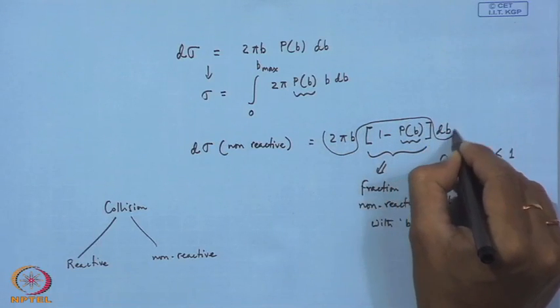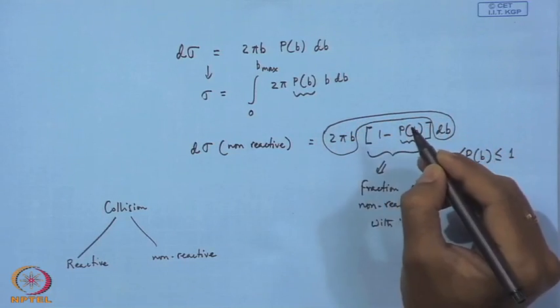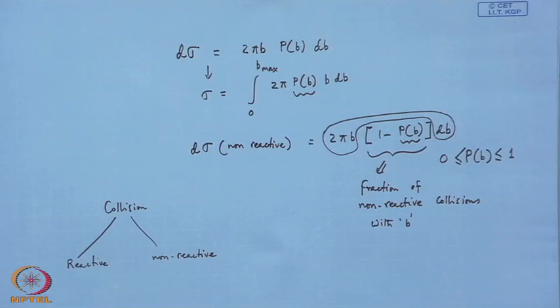We have to partition in such a way that it will be 2π b db irrespective of whatever it is.